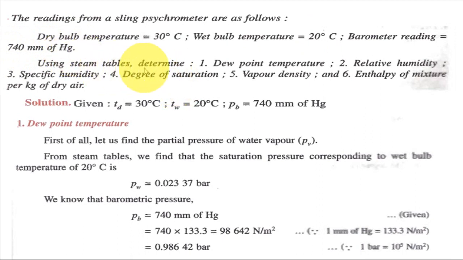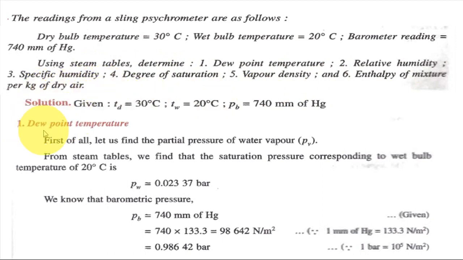Using the steam table, determine: number 1, dew point temperature; number 2, relative humidity; then specific humidity, degree of saturation, vapor density, and enthalpy of mixture per kg of dry air.